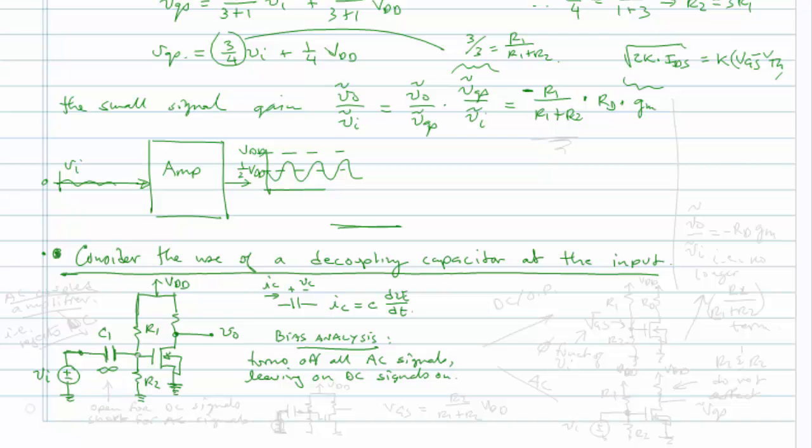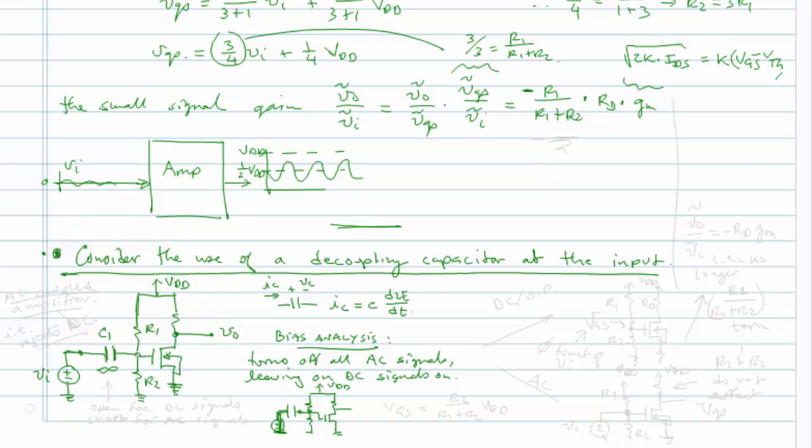So what we have here is our resistor divider, our transistor, and this will be open. I'm sorry, I should just ground that because that's off. We have a capacitor here. And the only source in this circuit at this point is the static VDD source.